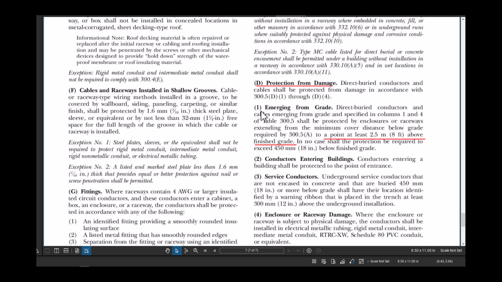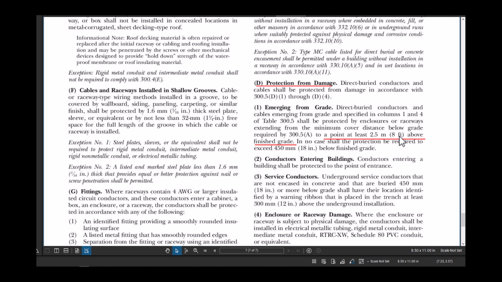When we go to the 1 and read through, it says to a point at least 8 feet above finished grade. In no case shall the protection be required to exceed 18 inches below finished grade.